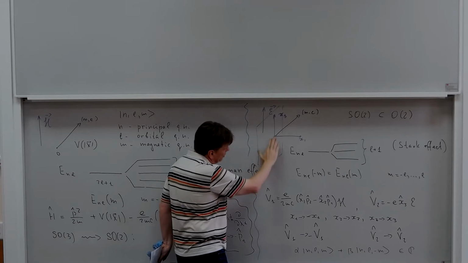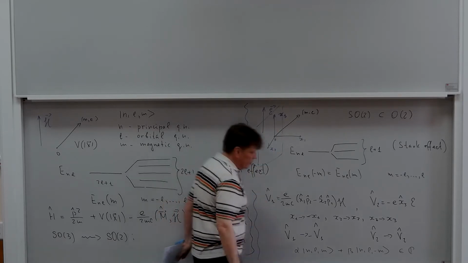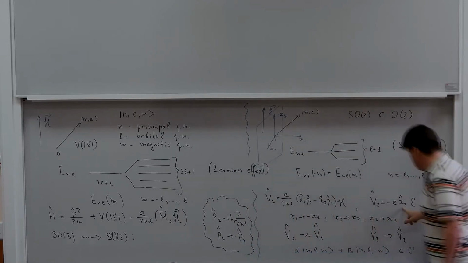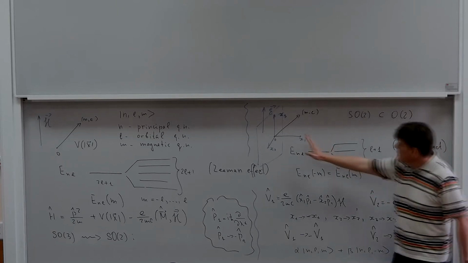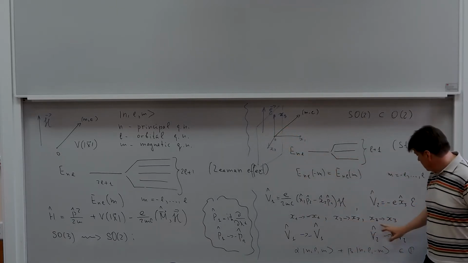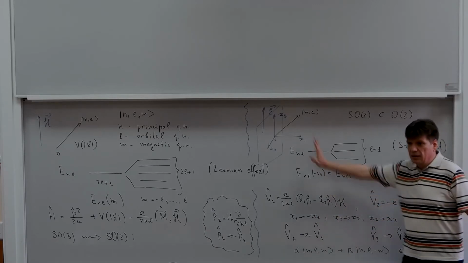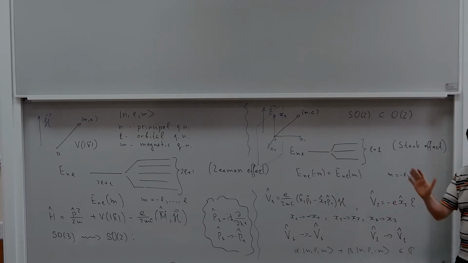And a reflection in this plane is then a symmetry of our potential. So these reflections affect only coordinates x2 and x1, right? But these coordinates do not contribute to the expression of the potential V2, right?